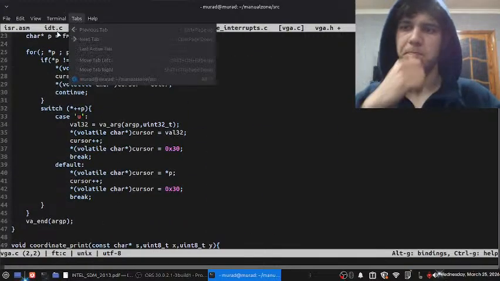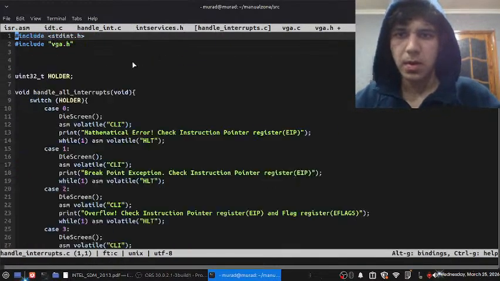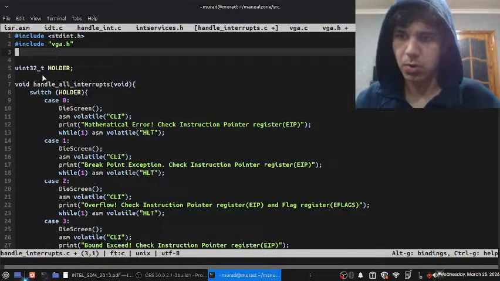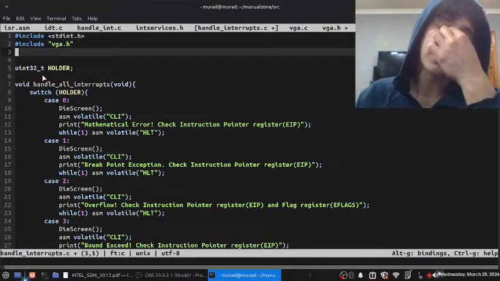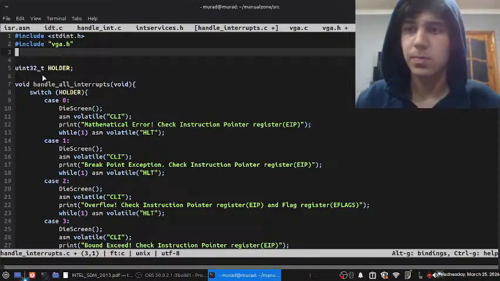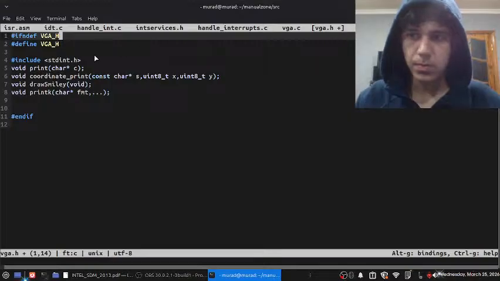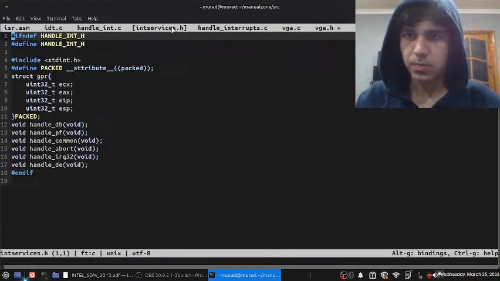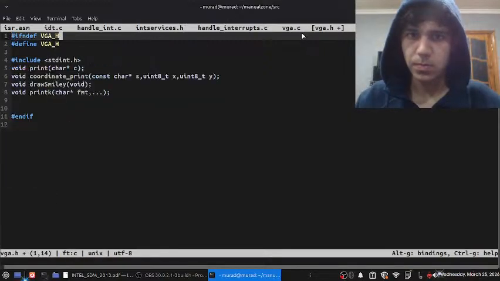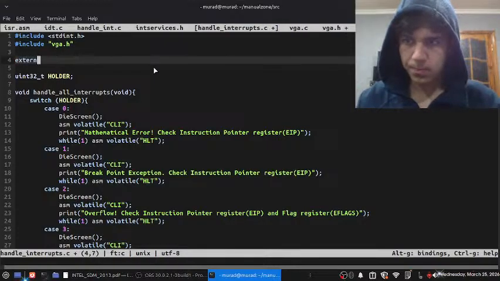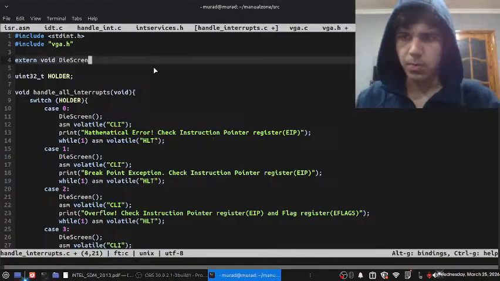Oh, yeah. Dice screen is here. Oh, shit. Oh, okay.